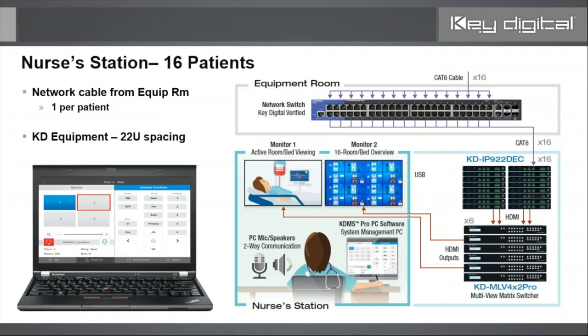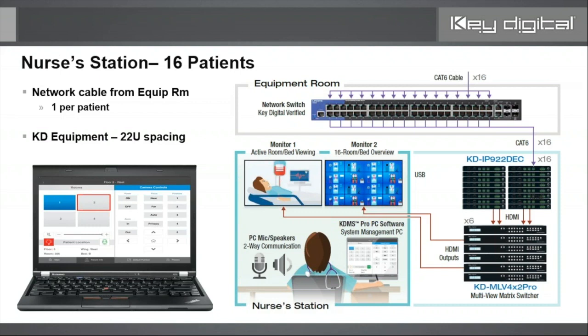Here at the nurses station for a 16 patient system, it's just simply adding 16 decoders. And we can build a 16 patient view on monitor 2 by using 6 multi-viewers, because 4 of the multi-viewers provides enough inputs for all 16 patient decoders.